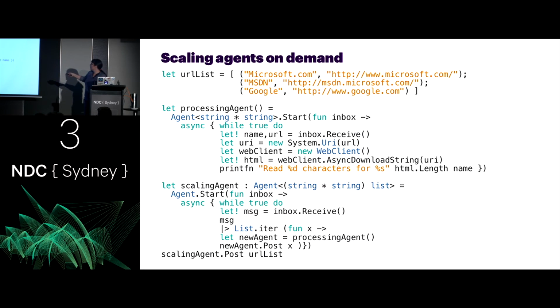So we have a list of tuples. We have Microsoft.com, MSDN, and Google, strings of identifiers, and then strings of the actual URLs. Fun fact, when you list the items in a list out on their own specific lines, you don't actually need the semicolon. If you had listed those all on one line, then you still would need the semicolon.